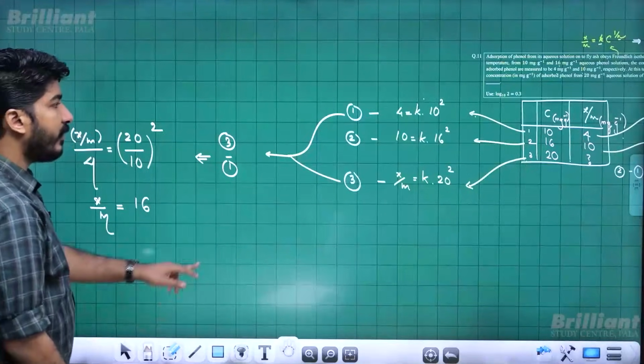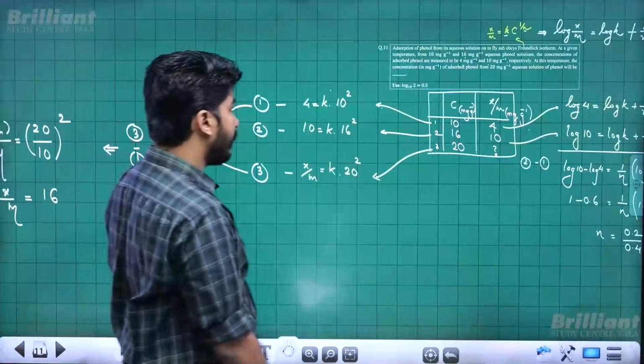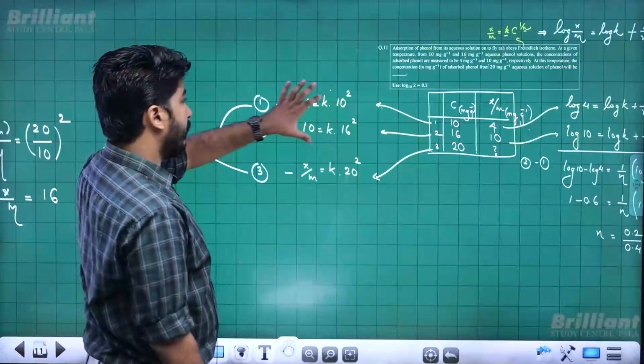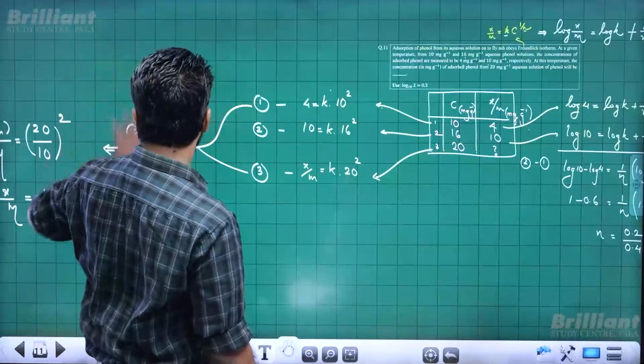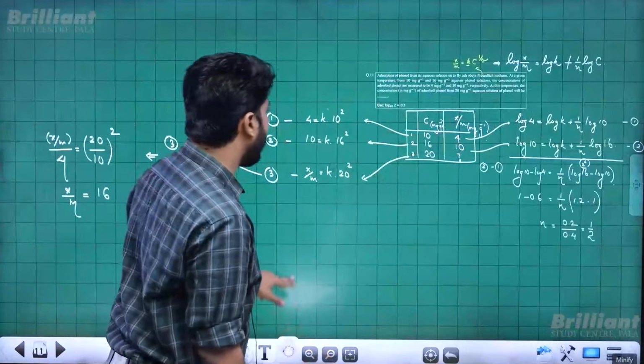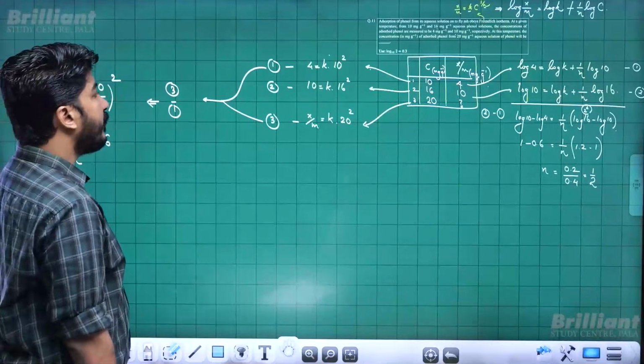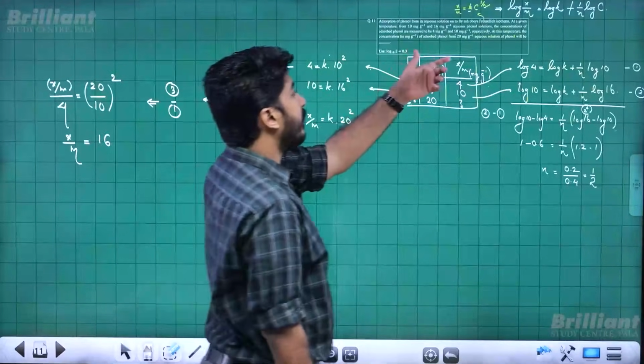The advantage of this method is that, having obtained the n value, following the non-logarithmic form, we need not take any antilogs in this solving process. That is the advantage, because we are not given any anti-logarithmic values.